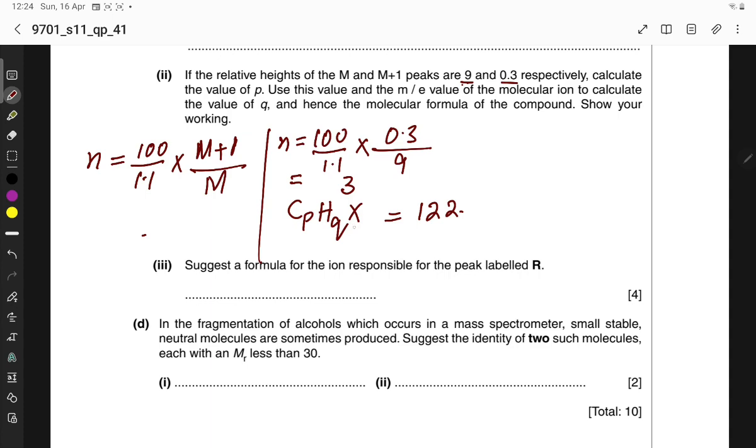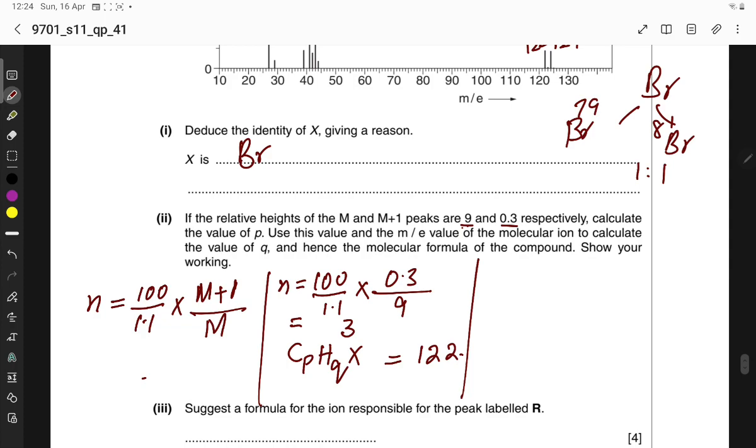So we know the bromine atom, and left behind will be the carbon. In this question we found the bromine, and by using this formula we have identified 3 carbons. So the formula is C3HQ with X as the bromine atom, and it is equal to 122.